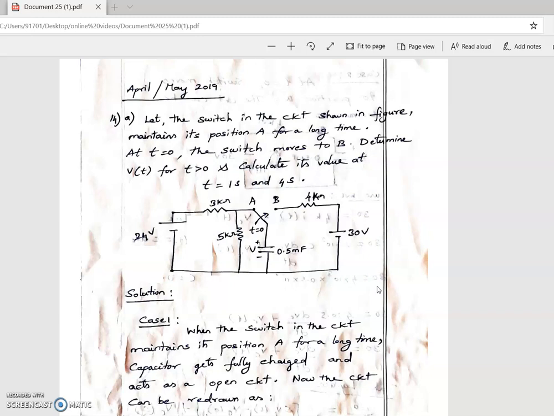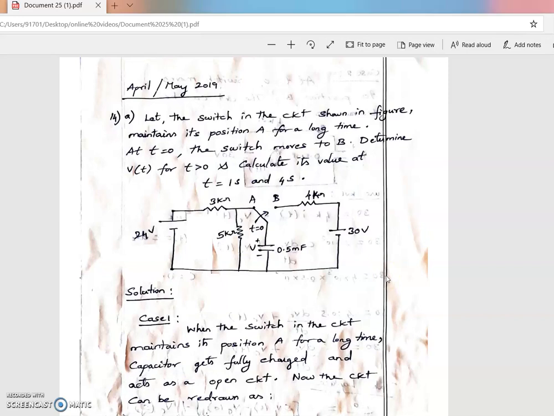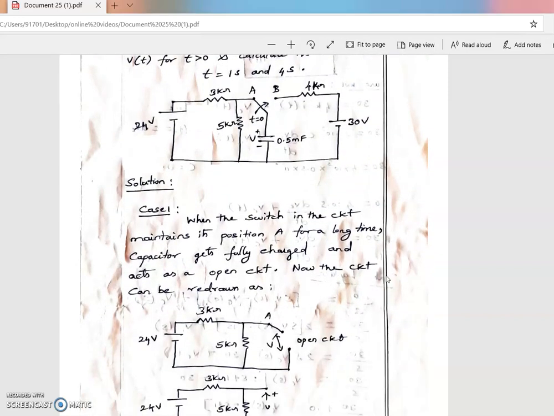The first case: when the switch in the circuit maintains its position A for a long time. If the switch is connected to position A for a long time, the capacitor gets fully charged and becomes an open circuit.